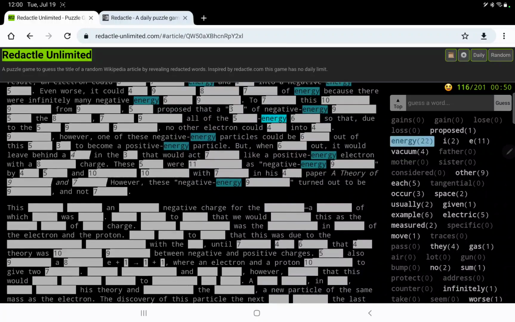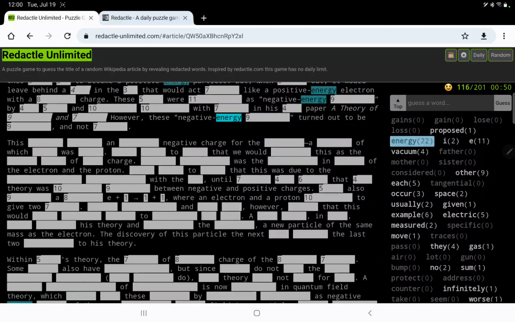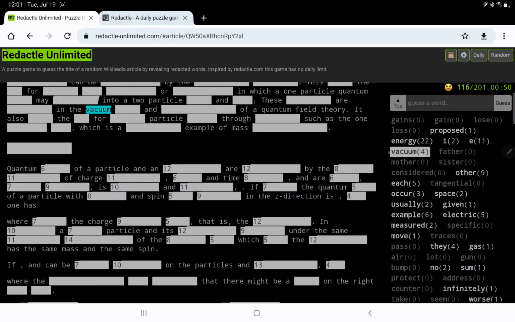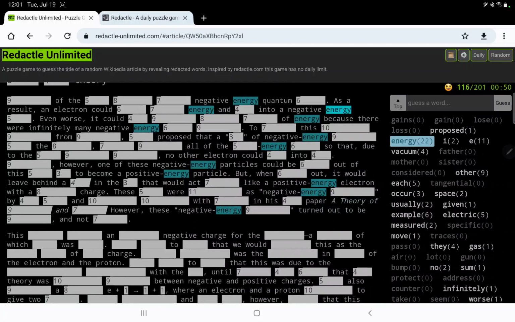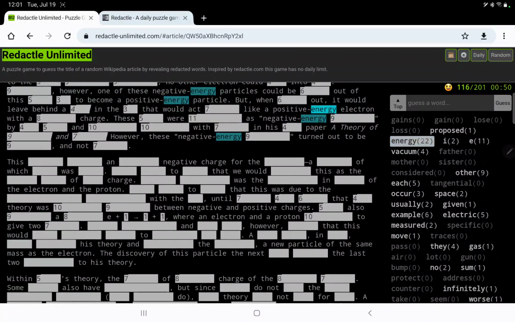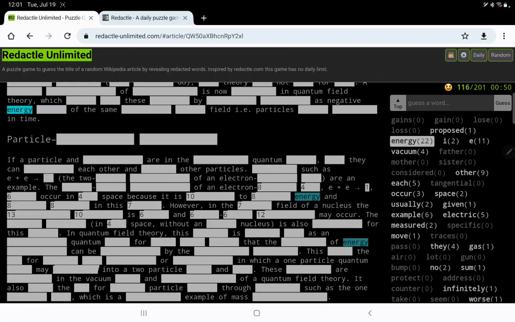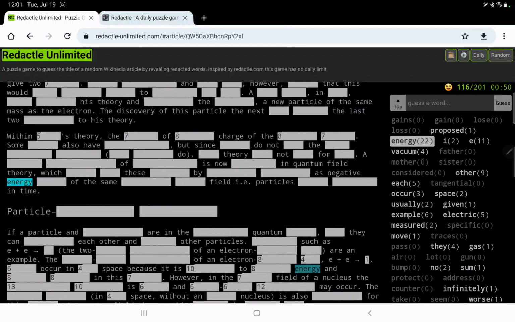Looking again at our energy after this paragraph. Oh, sorry, I tapped the wrong word there. There we go. Within this five-letter named physicist, the 7 of 8 charge of the 8 7, some 6 also of 13, do not for the 5.